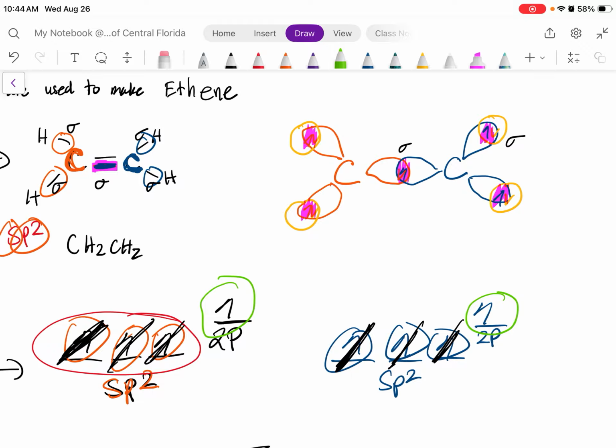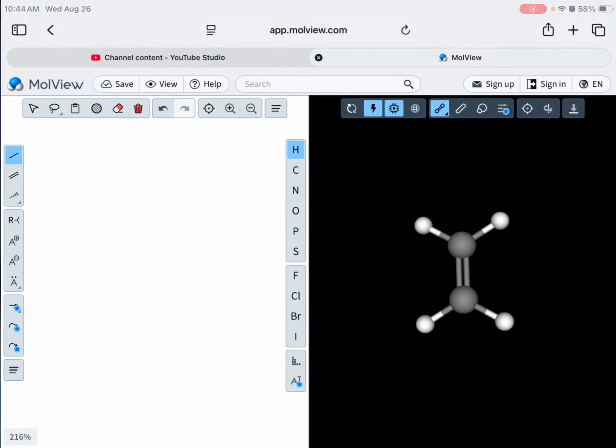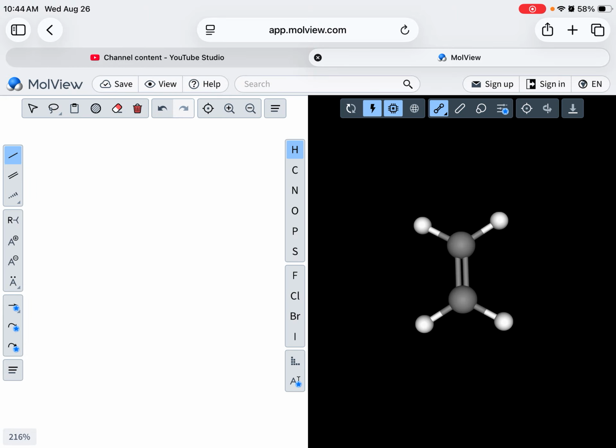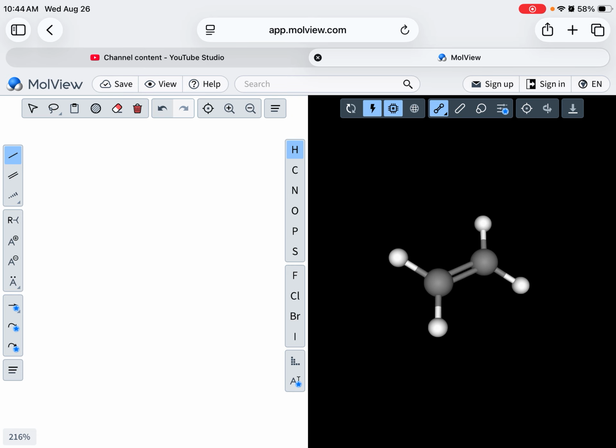So that means, let's see if we can look at it from this perspective here. Okay, so do you see here how I have the molecule completely flat like that? What you're going to have is orbitals above and below the plane.